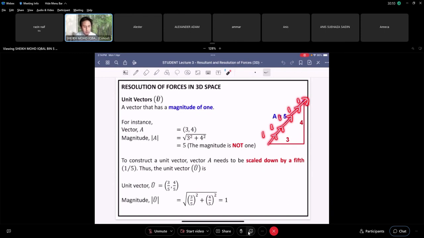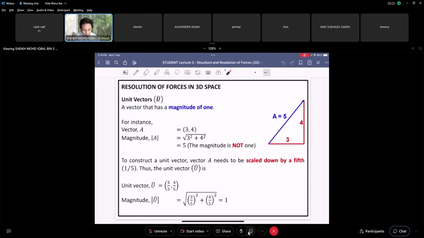So if you want to construct this unit vector, you can look at here. For example, we have a vector A, which is (3, 4). So 3 in the x-axis and 4 in the y-axis, right? If we calculate the magnitude here, just use the Pythagoras theorem, you will get 5, right?